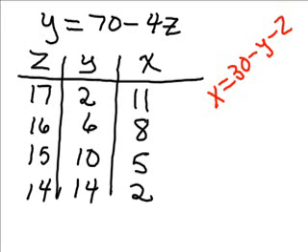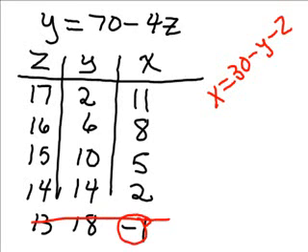Then when I let z equal 13, y is equal to 70 minus 4 times 13, that's 18, and now x would have to equal negative 1. There I know to stop, because now I'm getting a negative answer. That's no good. So I have no more feasible solutions.